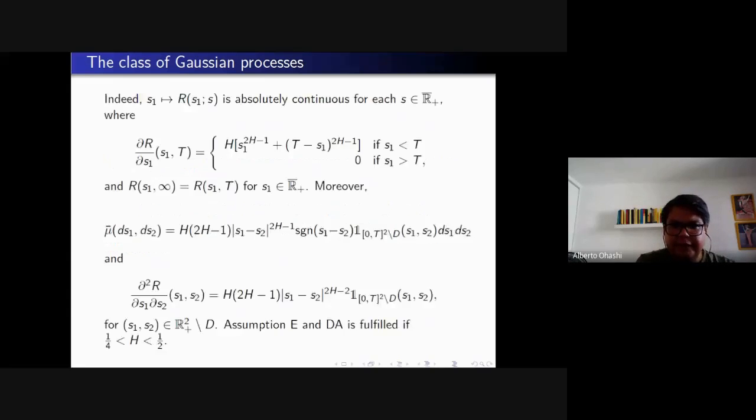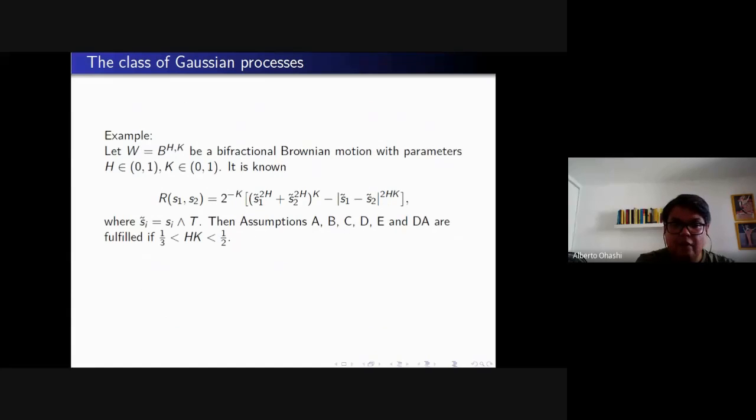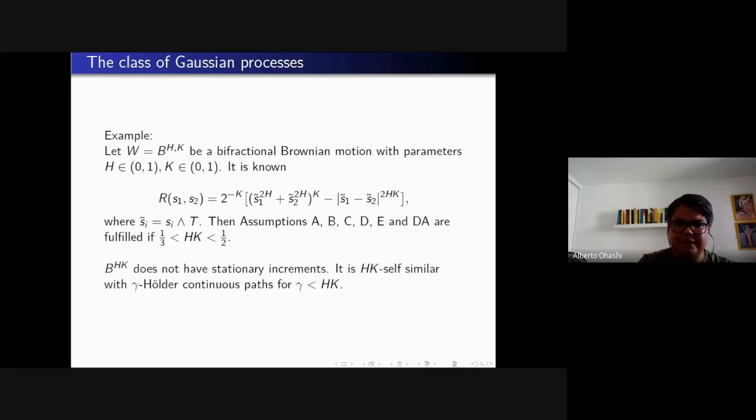Beyond stationary increments, one example in our framework is bifractional Brownian motion. It's a generalization of fractional Brownian motion, but it does not have stationary increments, but it satisfies some nice conditions, for instance, gamma Hilbert regularity. So bifractional Brownian motion has 2 exponents here. This is the covariance structure of the bifractional Brownian motion.